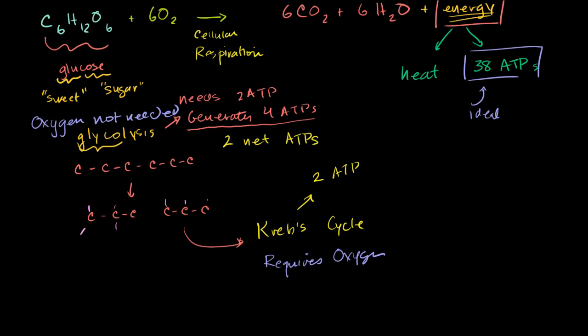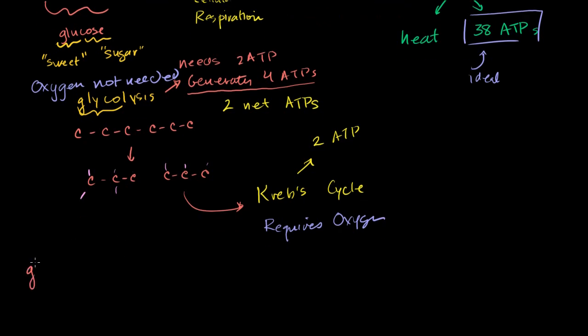Anaerobic. Maybe I'll write it down here. Glycolysis, since it doesn't need oxygen, we can say it's anaerobic. You might be familiar with the idea of aerobic exercise. The whole idea of aerobic exercise is to make you breathe hard because you need a lot of oxygen to do aerobic exercises. So aerobic means it needs oxygen, and anaerobic means the opposite: you don't need oxygen.